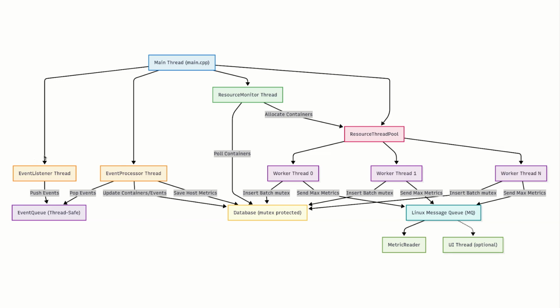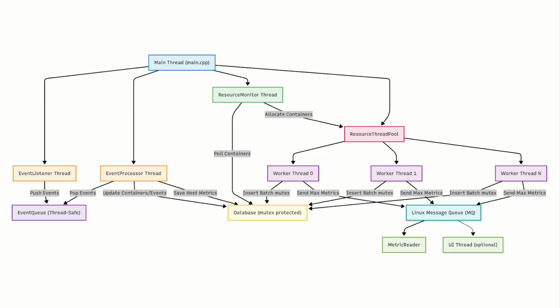The job of the event listener thread is to look for any change of events happening with respect to the underlying container runtime. Say the underlying container runtime is Docker, and somebody starts a particular application inside the HPC.